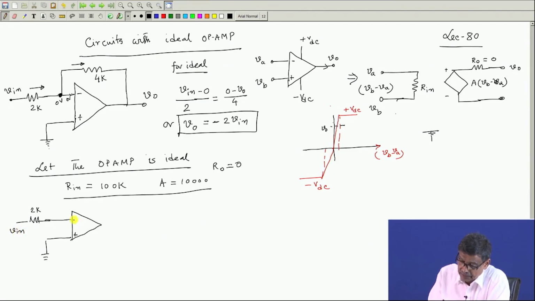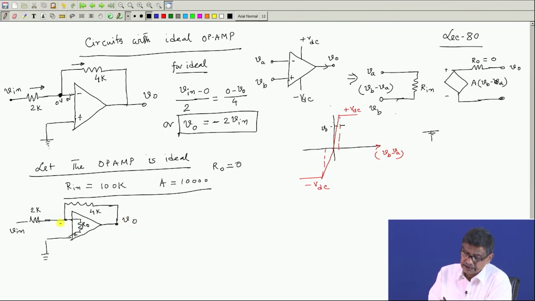But between these 2 points, there is now a resistance, input resistance, and between these 2 points, of course, 4K is connected. It is like this.